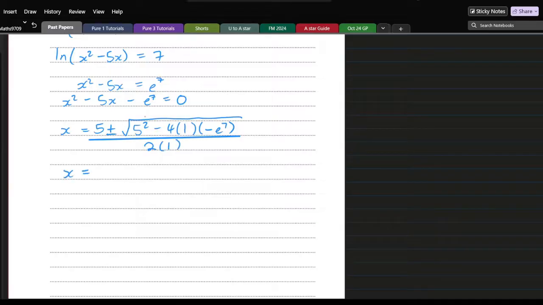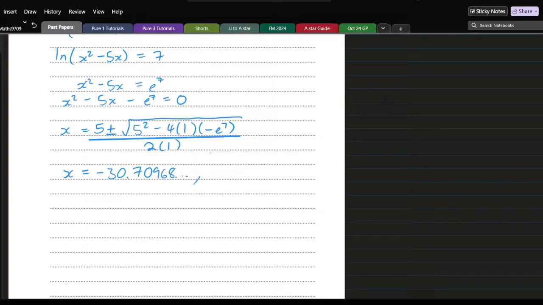Let's punch this into the calculator. That's 5 minus the square root of 5 squared minus 4 times 1 times negative e to the 7, all over 2 times 1. And this gives us negative 30.70968 and so on.